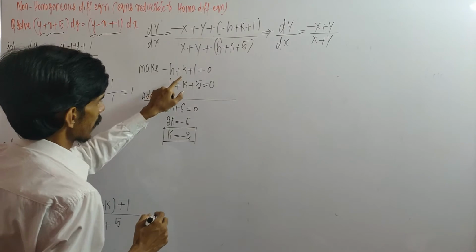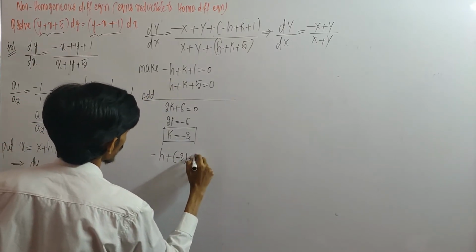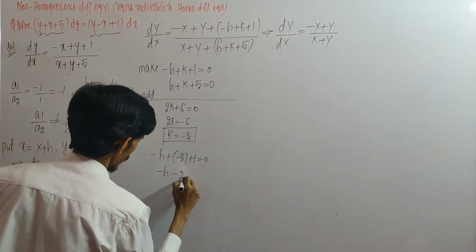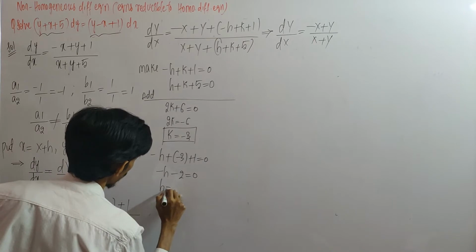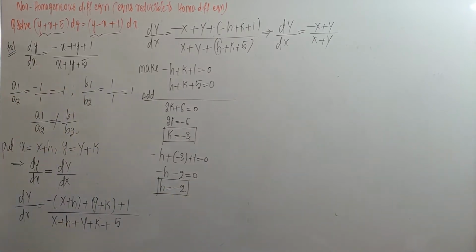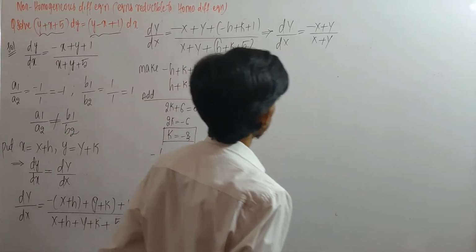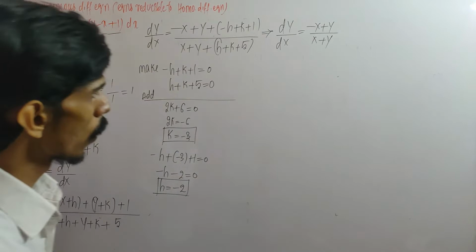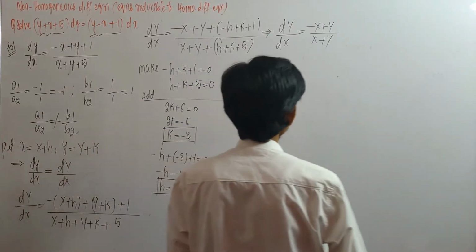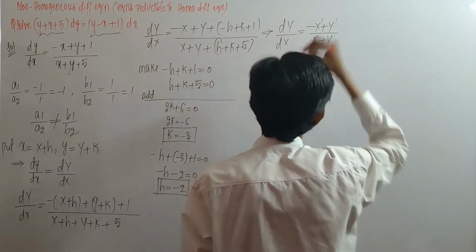Similarly, substitute this in equation 1. We have -h + k + 1 = 0, with k = -3, so -h - 2 = 0. So h value is -2. We got h and k values. Now this is a homogeneous equation, since here we have X power 1, Y power 1, X power 1, Y power 1.